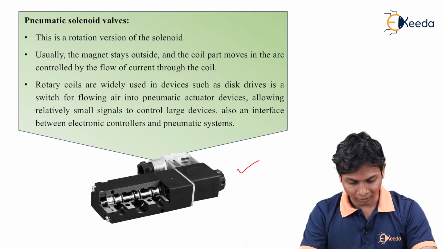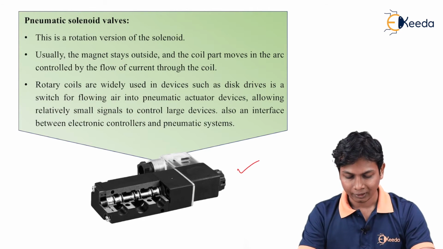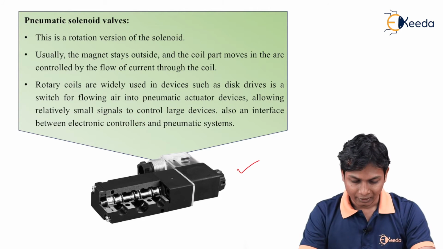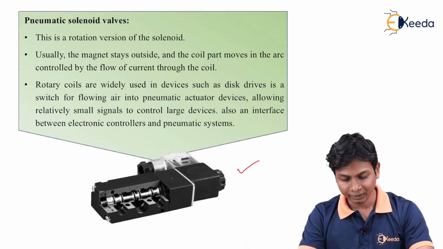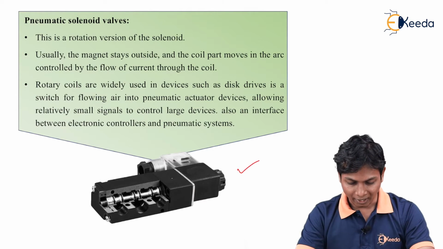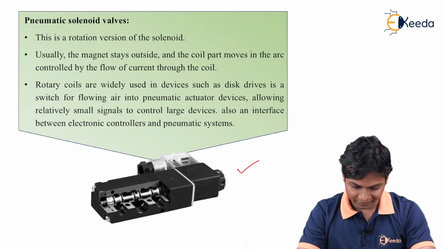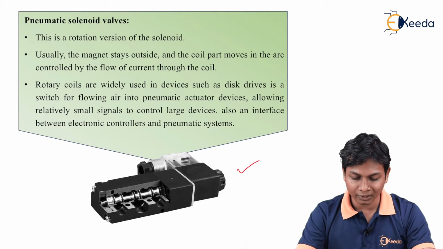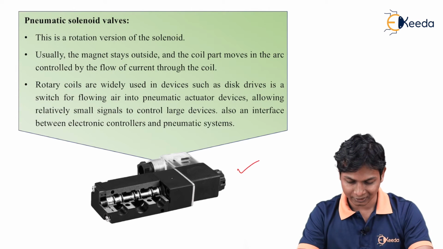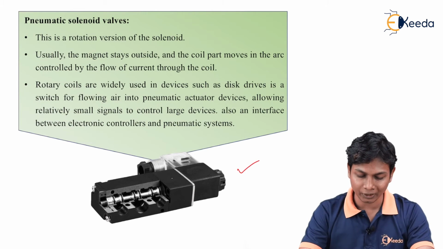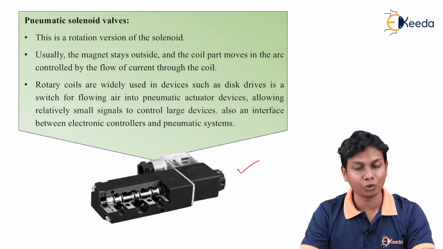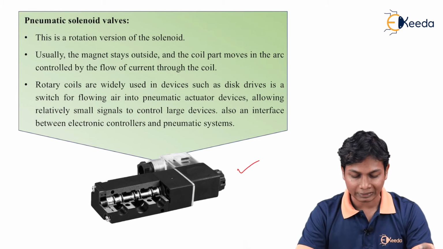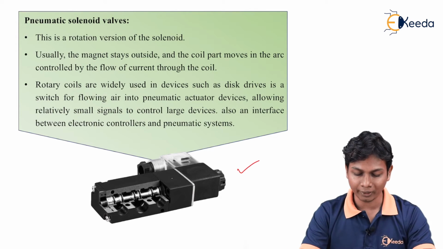Rotary coils are widely used in devices such as disk drives. It is a switch for flowing air into pneumatic actuator devices, allowing a relatively small signal to control large devices, and also an interface between the electronic controller and the pneumatic system.